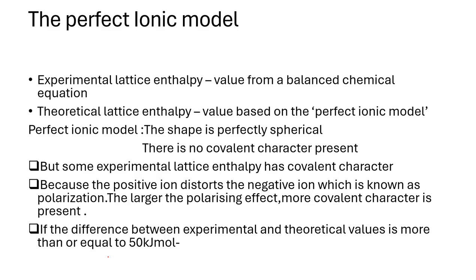So for a model to be perfectly ionic, we assume that the shape of the ion is perfectly spherical, and also there is no covalent character present.